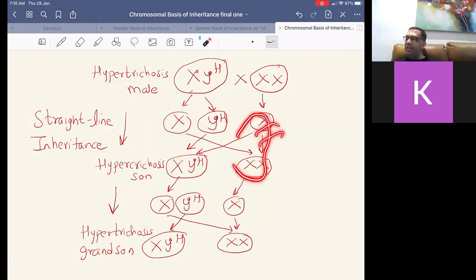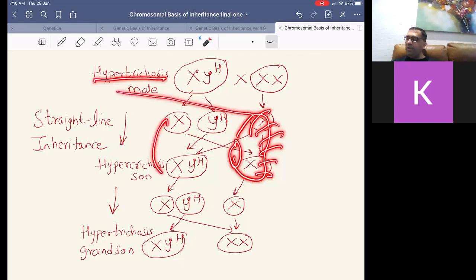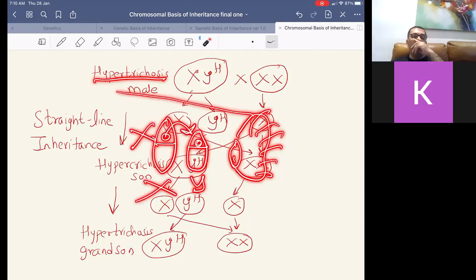Excessive hair on the pinna is hairy pinna, a disease called hypertrichosis. The defective gene is found on the non-homologous part of the Y chromosome, and there is no corresponding allele on the X chromosome, so it will always express itself.